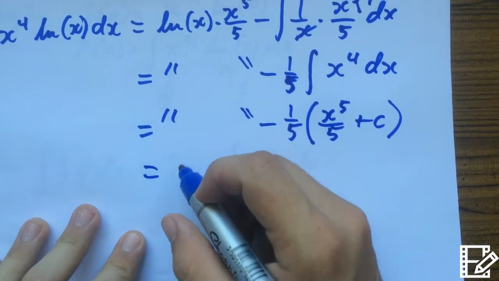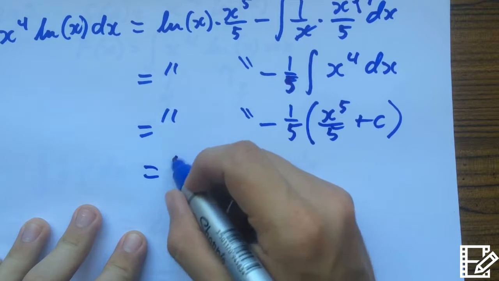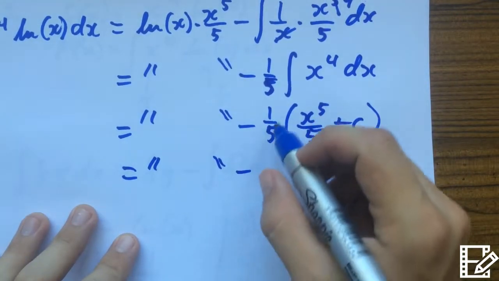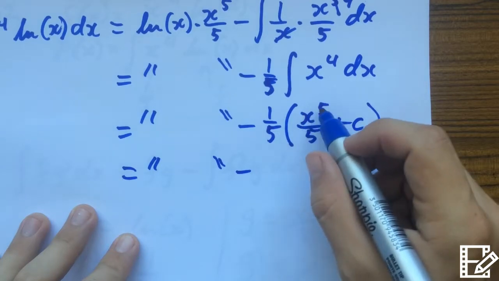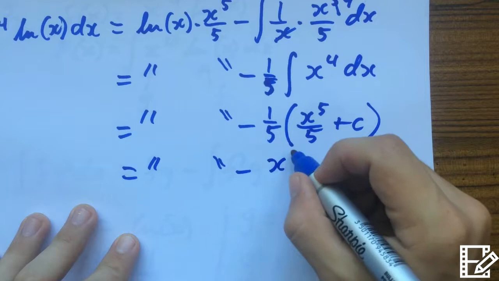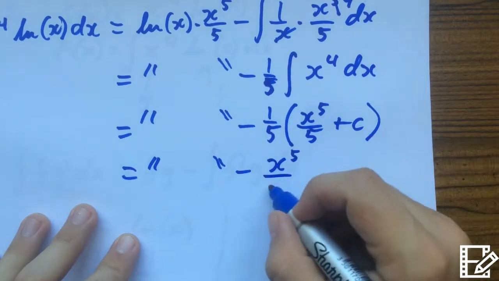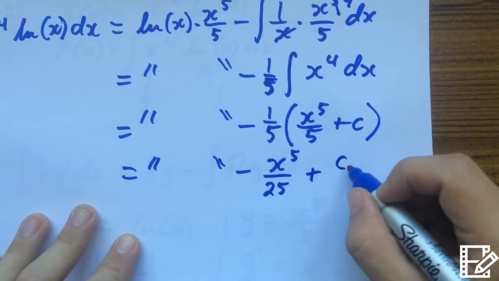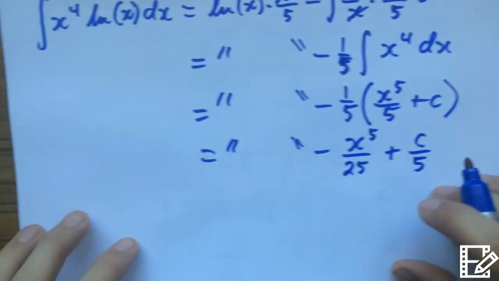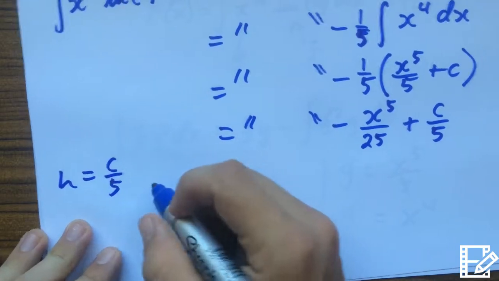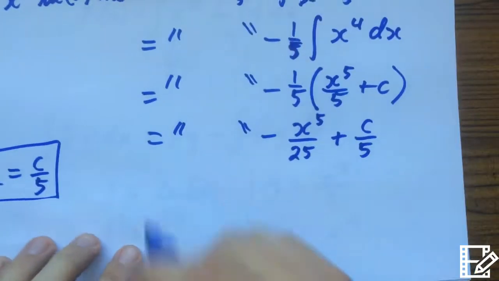Okay, so quotations again, subtract 1 over 5 multiplied by x to the power of 5 on 5 is going to be x to the power of 5 on 25 plus c on 5. Okay, I'm going to write over here that h equals c on 5, so I can just write h whenever a c on 5 comes up.